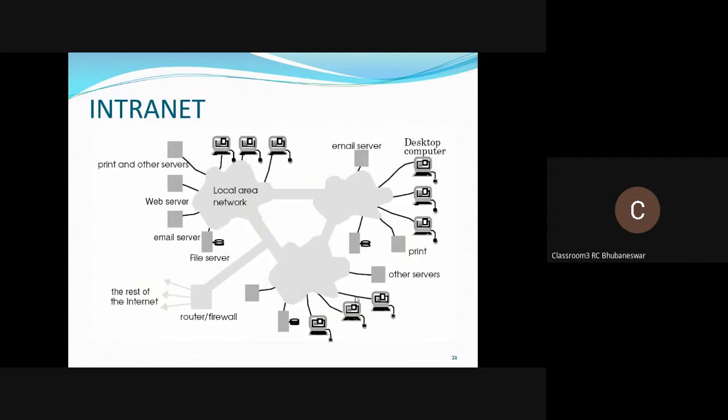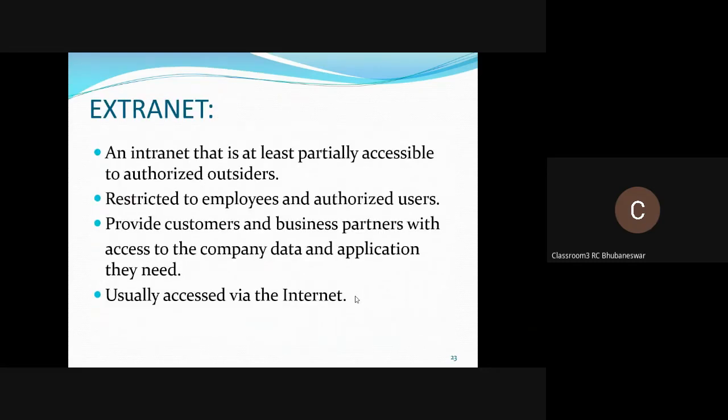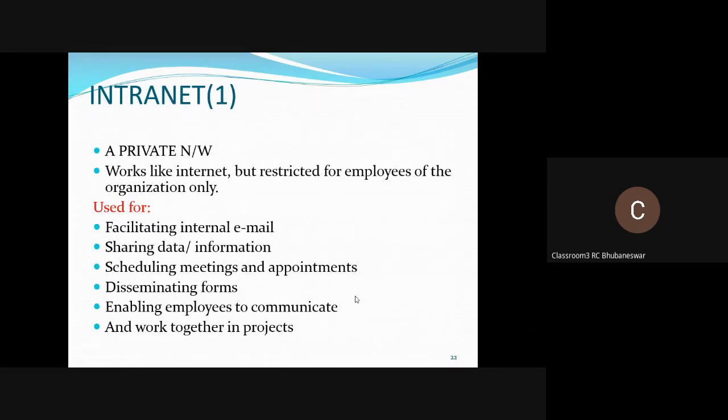And next there is another very important one: what is the intranet and what is the extranet. Please go through that. Look at the intranet and extranet thoroughly. What is in the intranet? Listen to my words, that is a private network. The network of KIT University is the intranet. It works like the internet but is restricted for employees of the organization only.